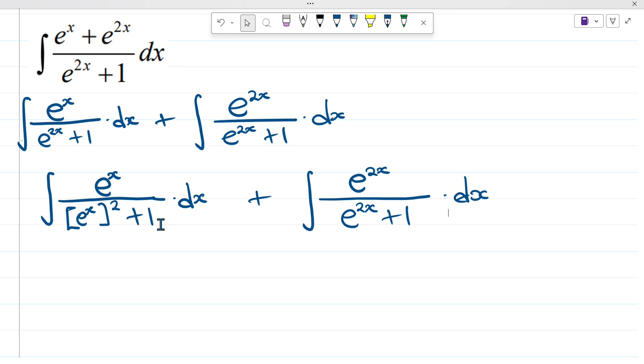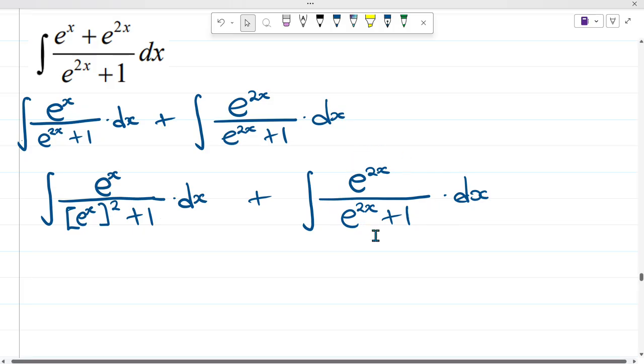And then as for the second integral there, can this be the one for tan inverse? No, because we cannot square this and make it like this, and then say that when we differentiate e to the power x, it becomes e to the power 2x. You understand? So we can't do that. What we can do here is just to use another rule.